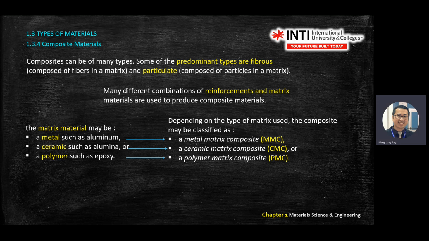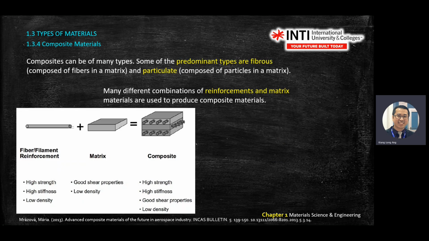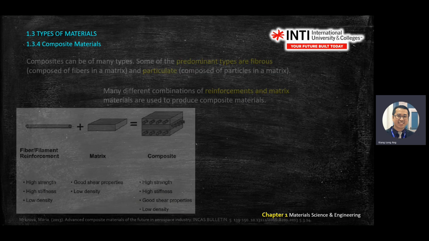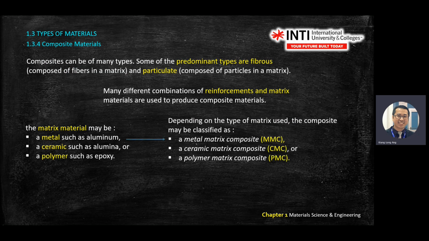Explain using a diagram. For this kind of question, you draw the diagram just now. Draw this diagram and then name what this is, what this is, what this is. Then based on the description, you fill in the blank. Like, the customer wants you to fabricate and produce a polymer matrix composite. So you use polymer to produce the composite.